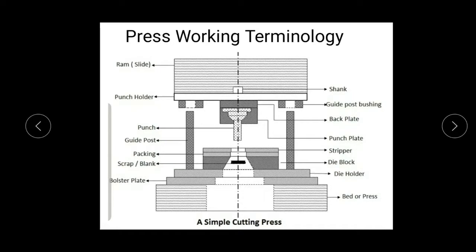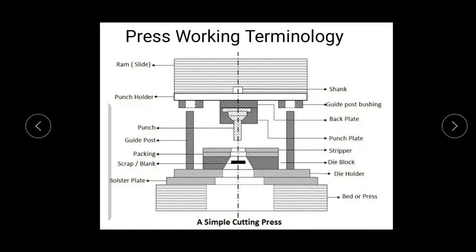Then stripper is also used. So what is stripper? Here, stripper is used to strip the metal strip from punch or die. So these are some main important components of press.